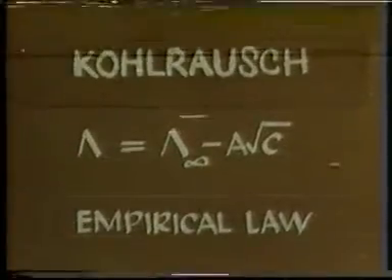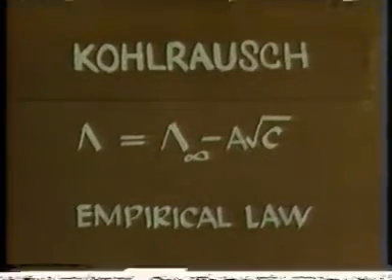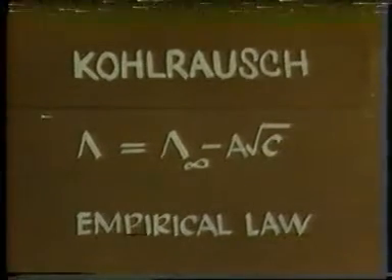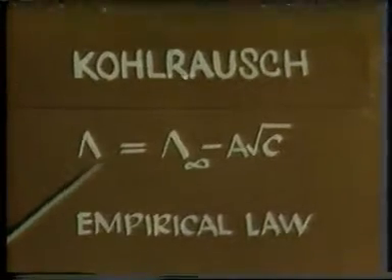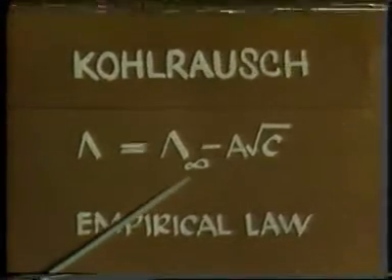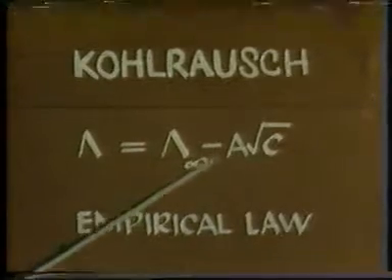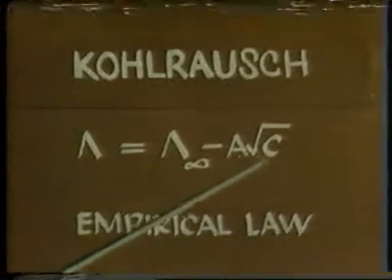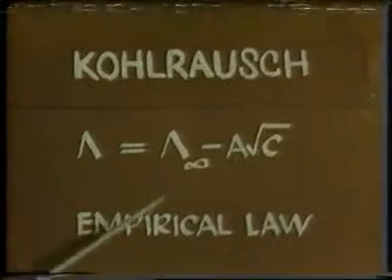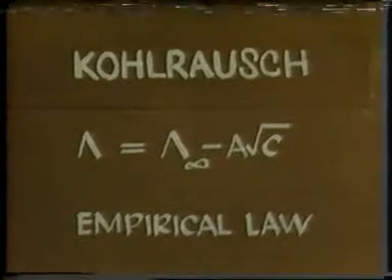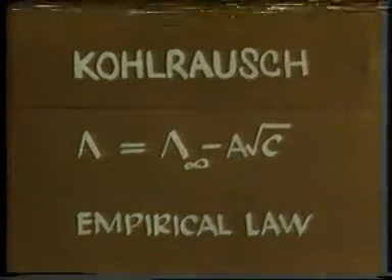Variation of equivalent conductivity with the concentration is given by Kohlrausch's empirical law as shown here. Lambda is the equivalent conductivity, which is equal to lambda infinity, that is the equivalent conductivity at infinite dilution, minus A root C, where A is a constant for a given solvent. C is the concentration expressed in gram equivalents per liter.